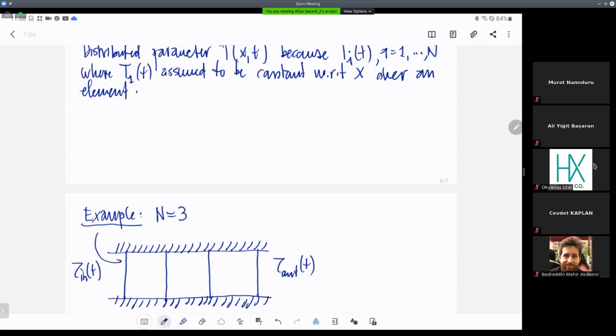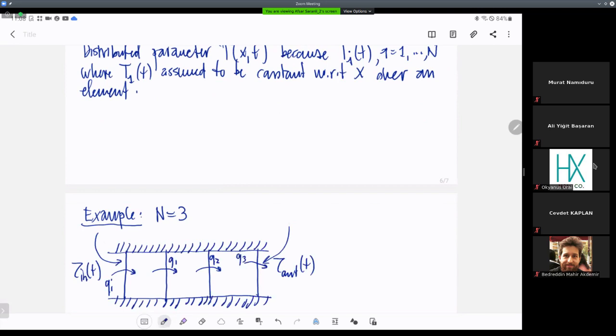We will have obviously a transfer of heat energy Q1, and then heat will be transferred in between the elements, Q2, Q3 over here.